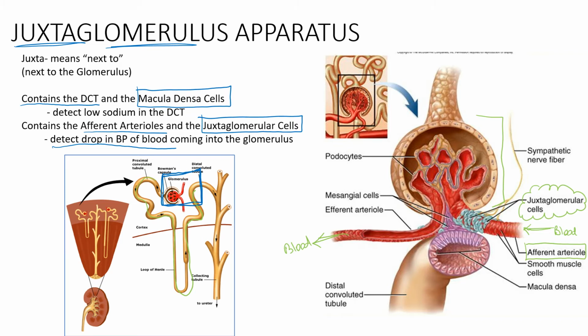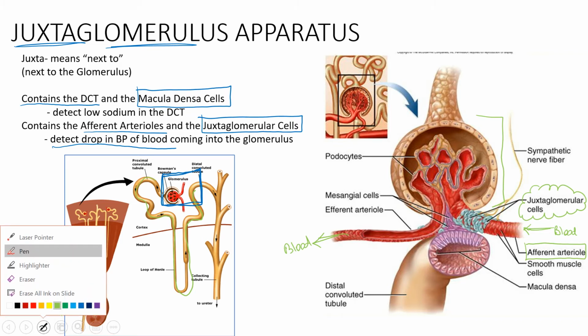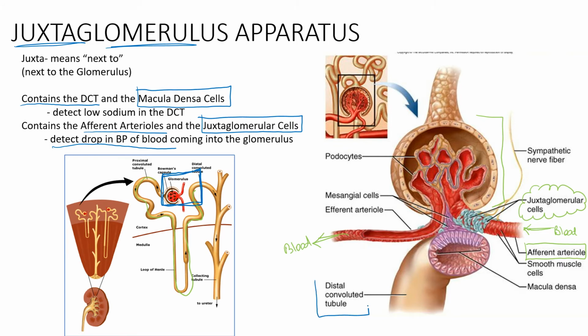Now, that distal convoluted tubule has these special cells called macula densa cells. These macula densa cells right here are detecting low sodium.